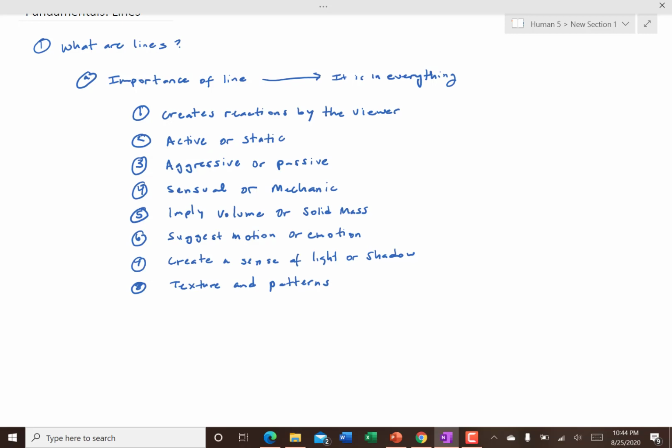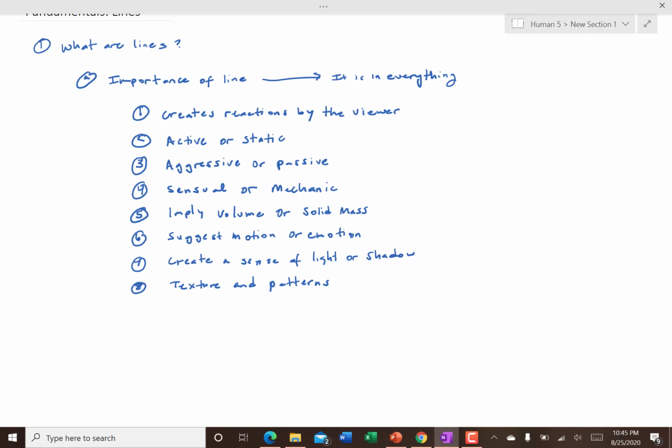So that's certainly part of it right there, that lines are in every aspect of life, every aspect of art. You can't avoid them. But it's also important because of how much the purpose of lines creates all of these different, often opposing ideas, feelings, perceptions, all come from line. So I think that's important.